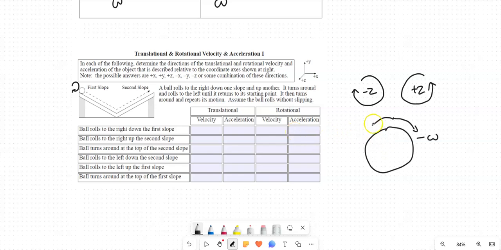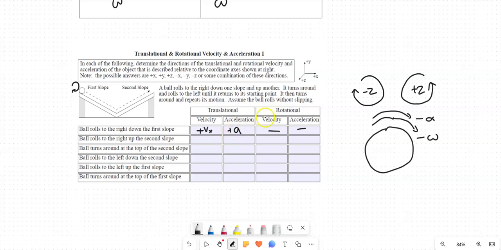And it's also going to be speeding up in that direction, so that's also going to be a negative alpha. Okay. But in the x direction, it's going to be moving in the positive x direction, and it's going to be speeding up as it's going down the ramp. So it's also a positive acceleration. Both of those are in the positive x direction.